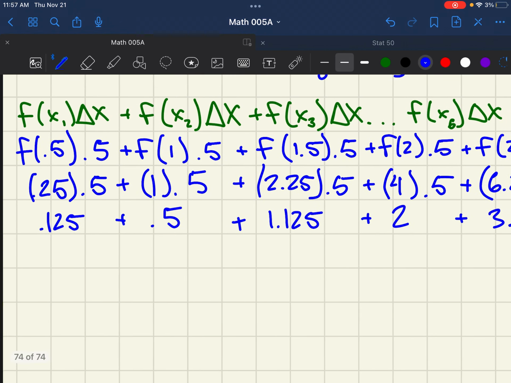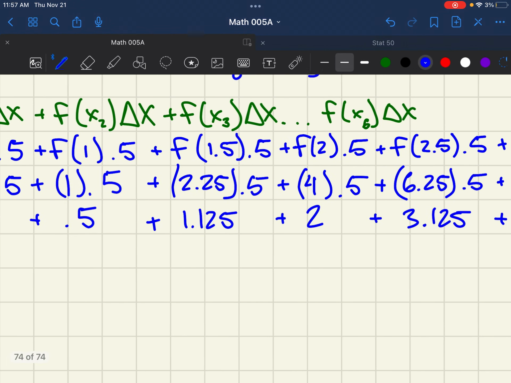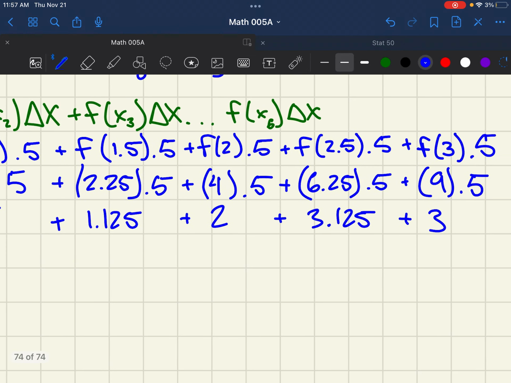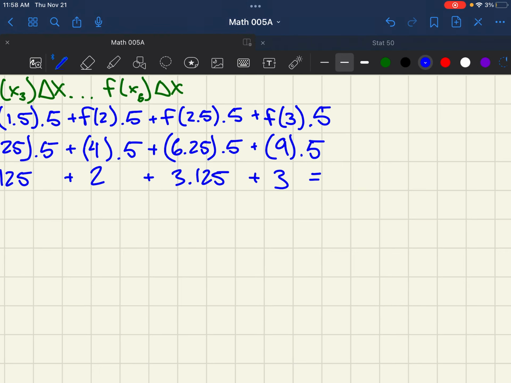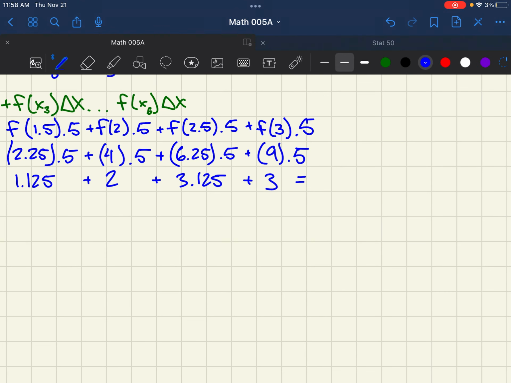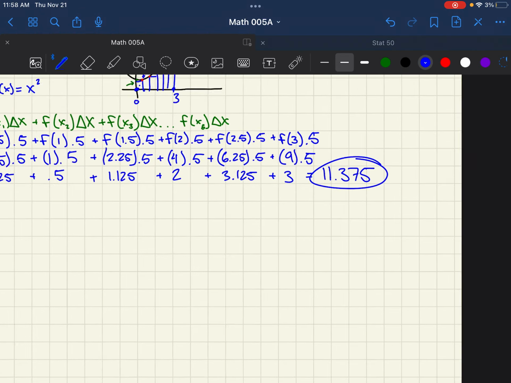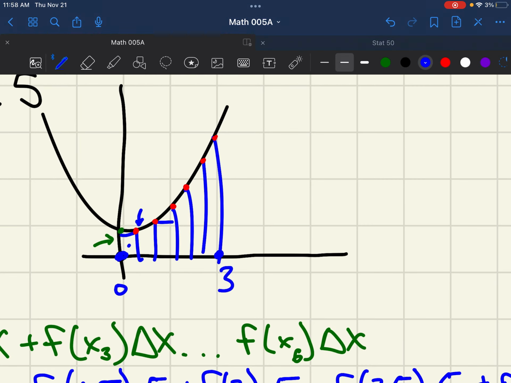Yeah, something seems wrong. Okay, well, guess not. This should all equal, if you add all of them up, in the end we get 11.375. And that is the area under the curve using right endpoint approximation.